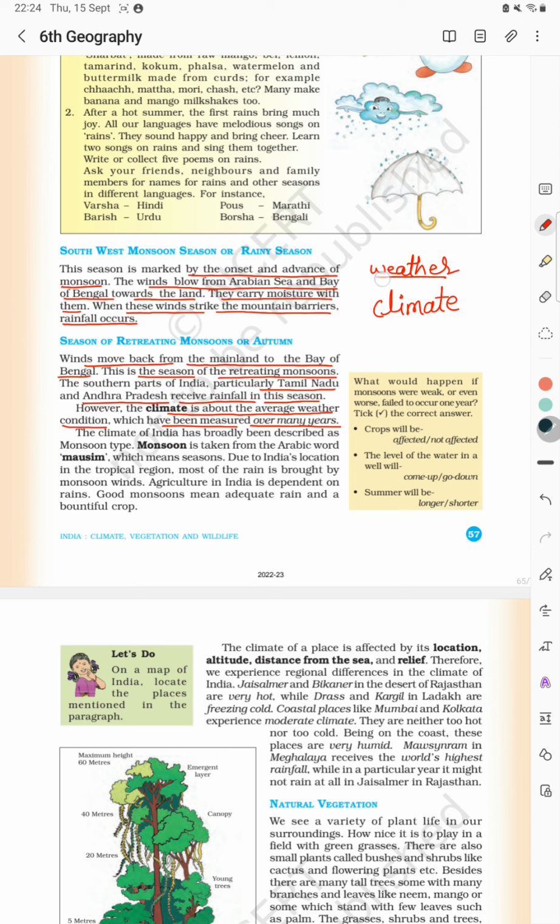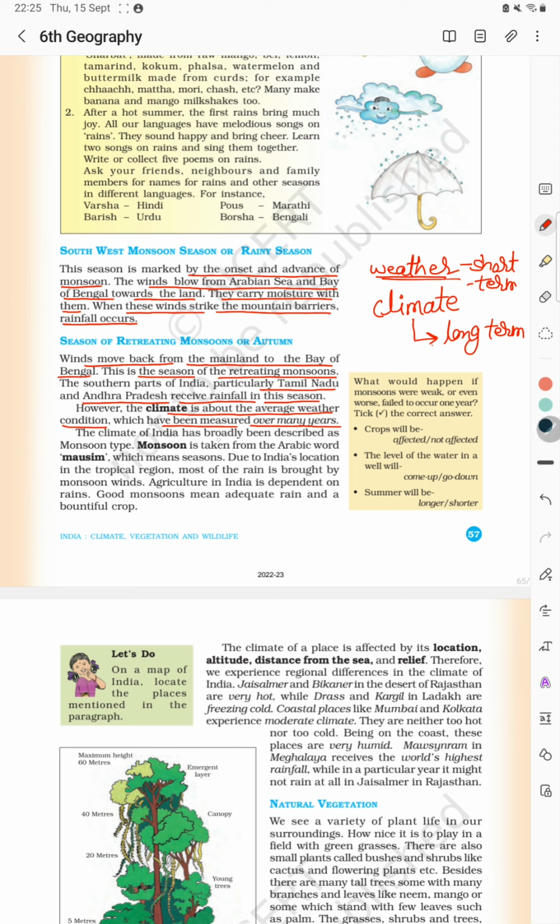Weather is a short-term phenomenon, and climate is average weather over a period of time, a long-term phenomenon. Weather may vary from day to day or even during the day, but climate is generally the average weather conditions over a period of time.